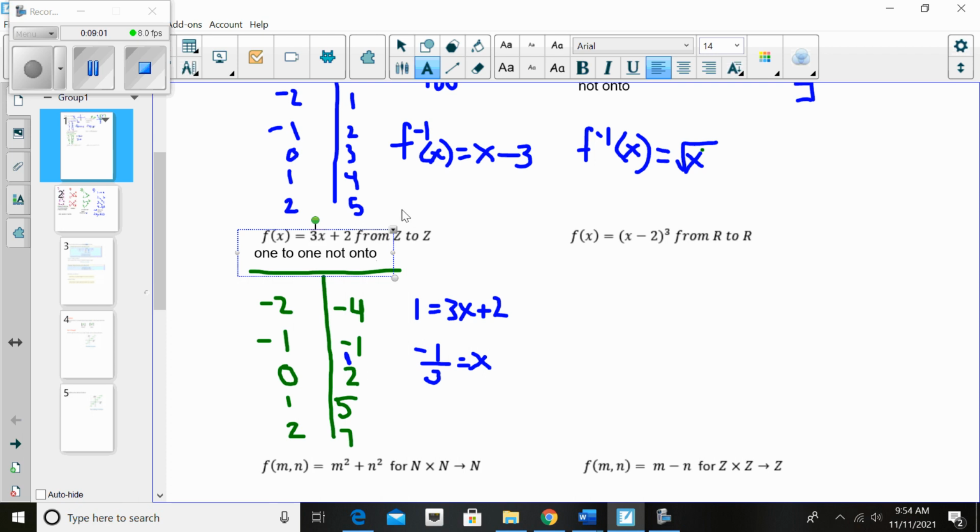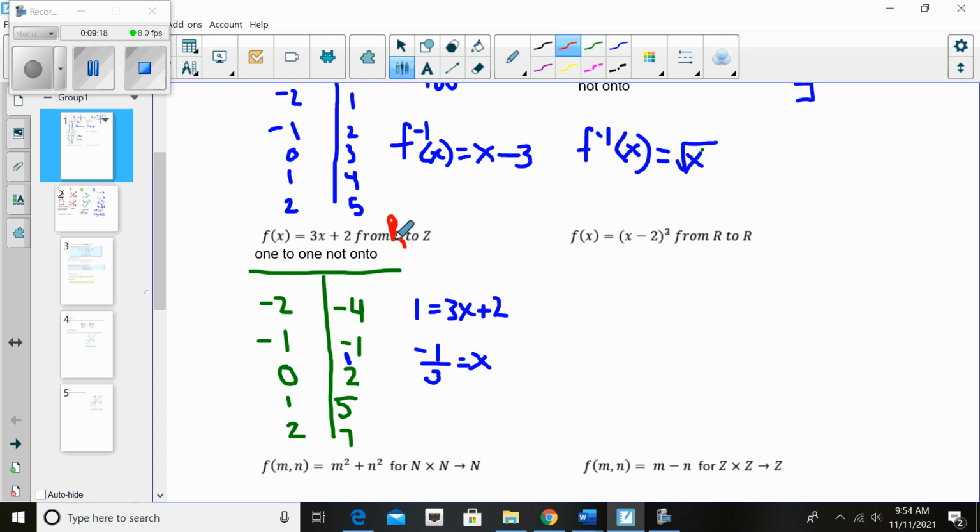Now, if I took this function and changed the inputs and outputs to all real numbers, if I'm allowed to input a value like 1/3, then I could get out all integers. If I were allowed to input all reals, I would be onto the integers.